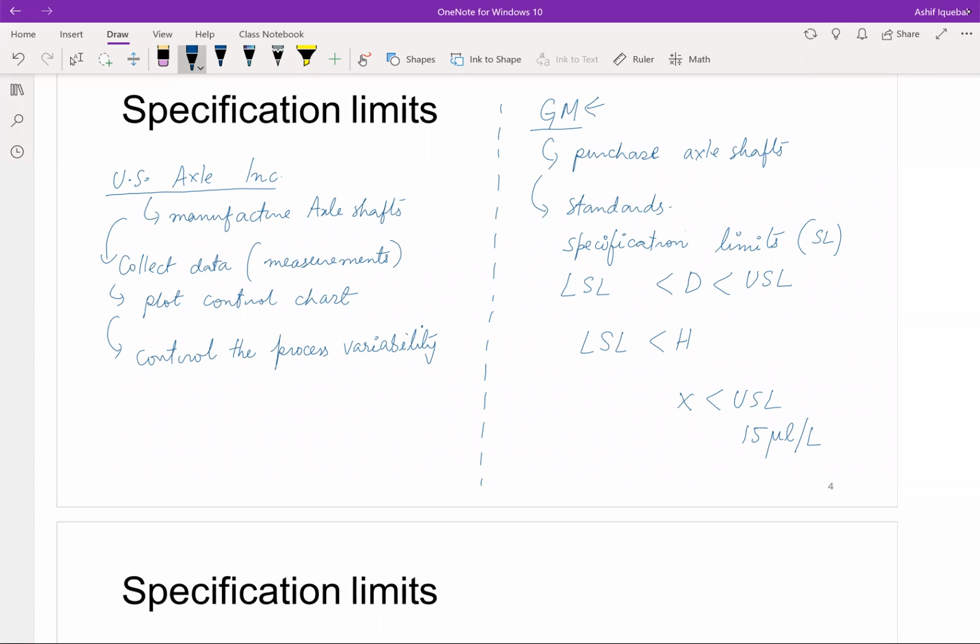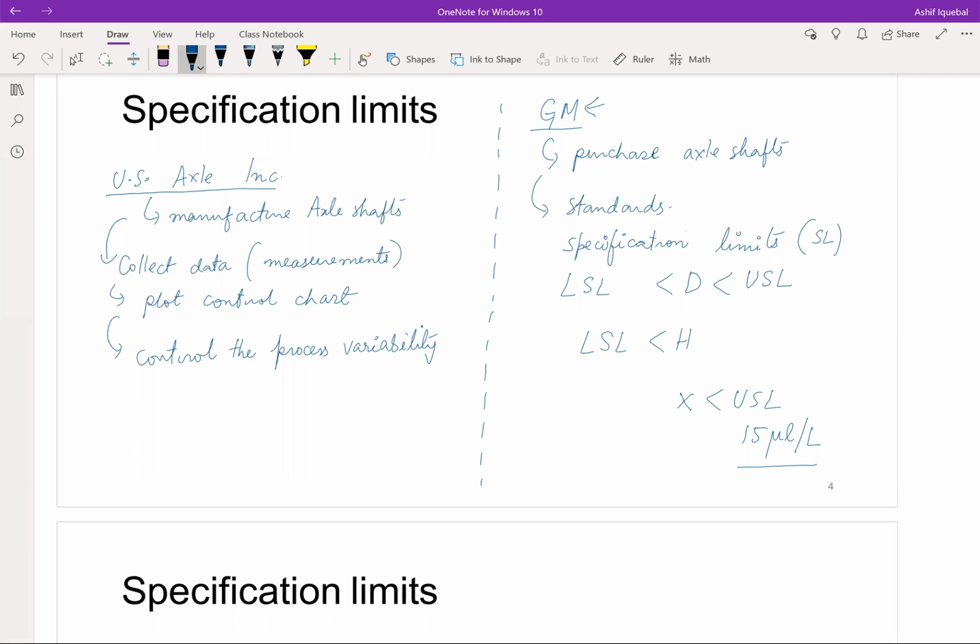I'm not very sure, but it's somewhere around this value. So for drinking water, I want to put an upper specification limit, and really there's no lower specification limit for the amount of lead in water. It can be as low as 0. So this is what it means to say specification limits.